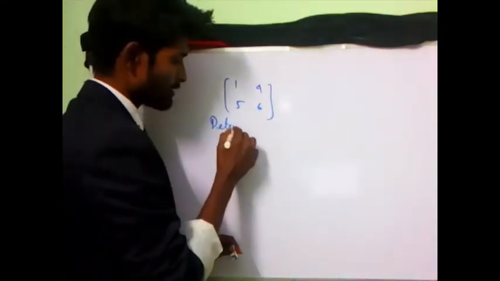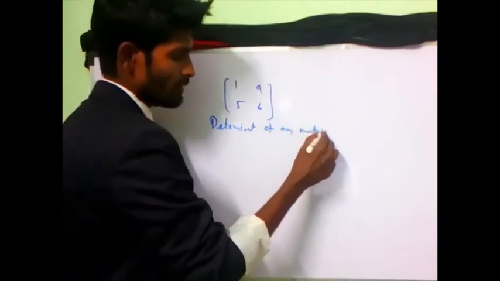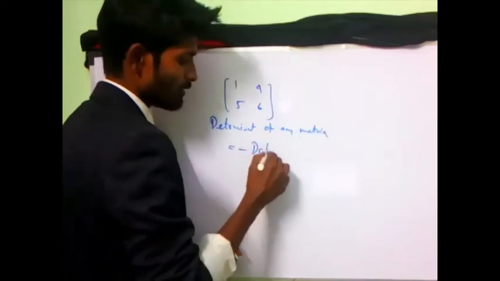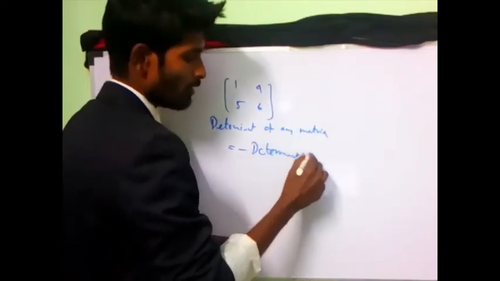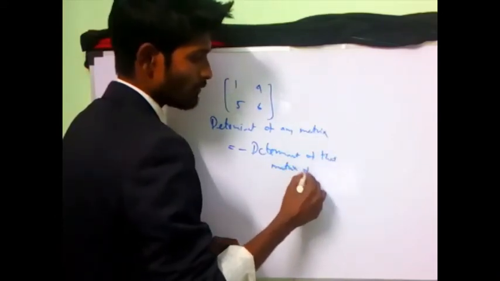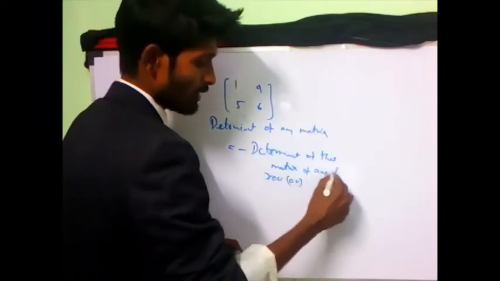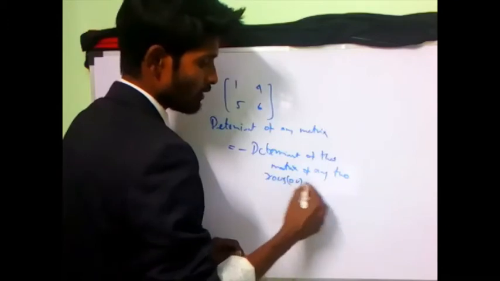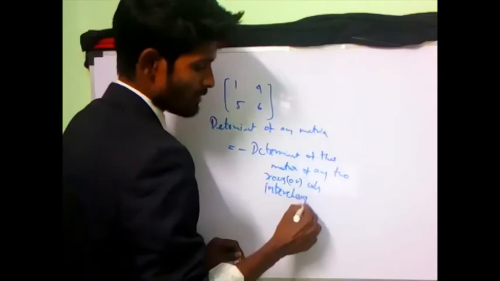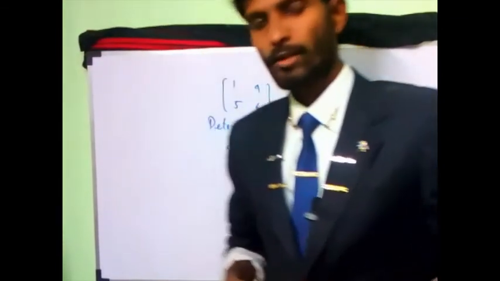The determinant of any matrix will be equal to minus the determinant of that matrix when any two rows or columns are interchanged. Let me tell you very clearly.